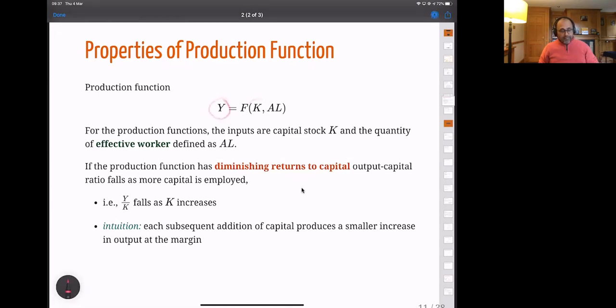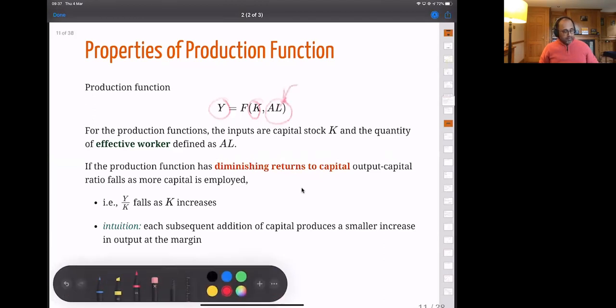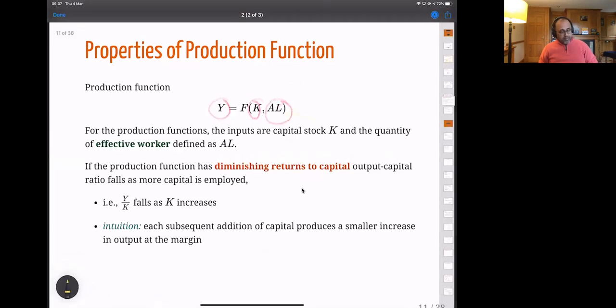K is all the physical capital in the economy. And AL is the effective workers in the economy, where L is the total labor force and A is the set of ideas they have at the level of the economy, right? You can also use A to think about the human capital of the workers.